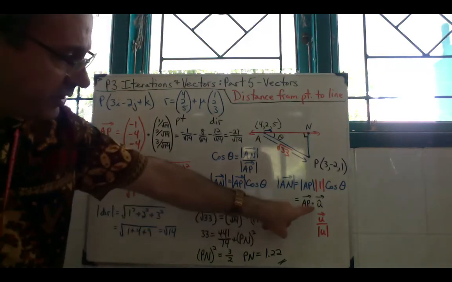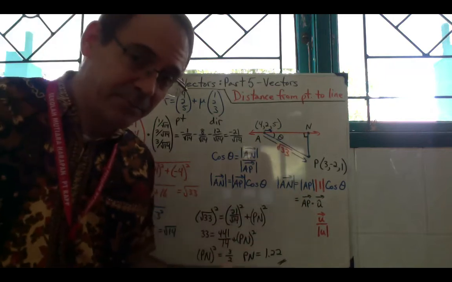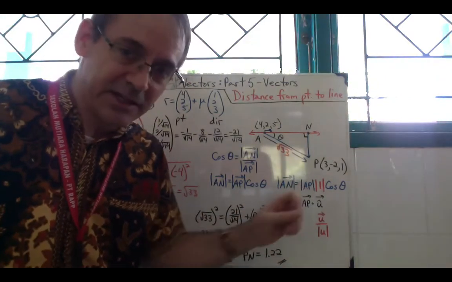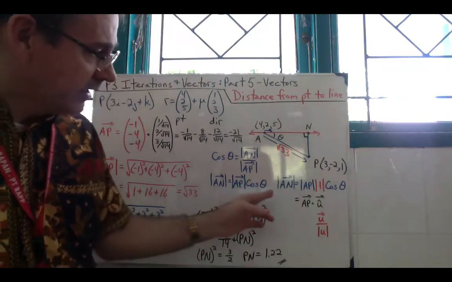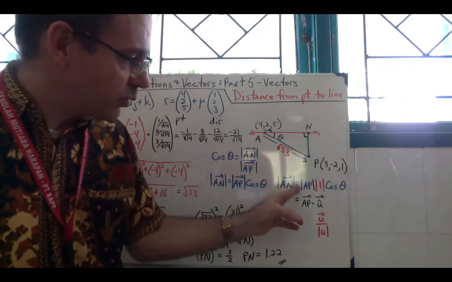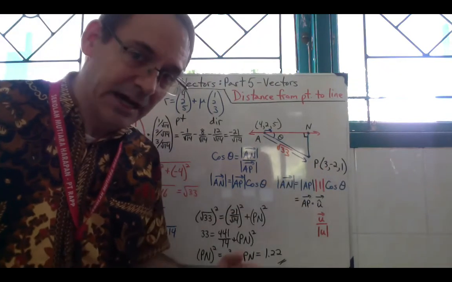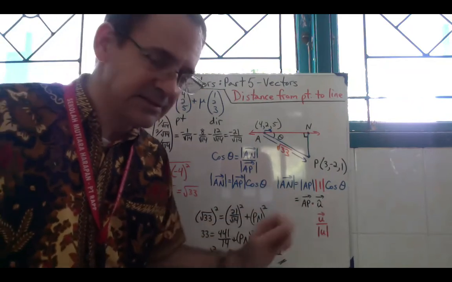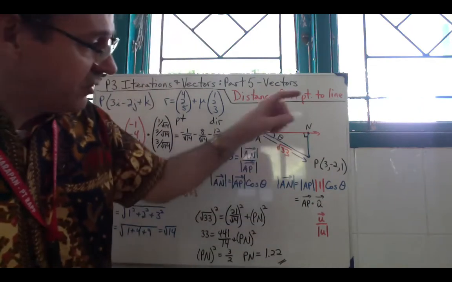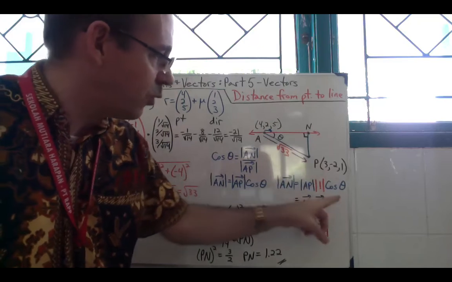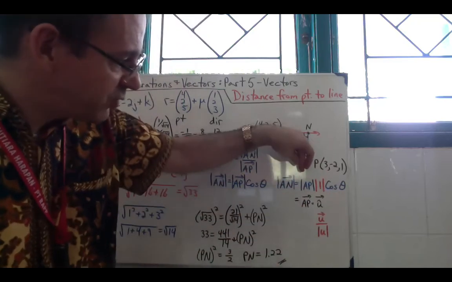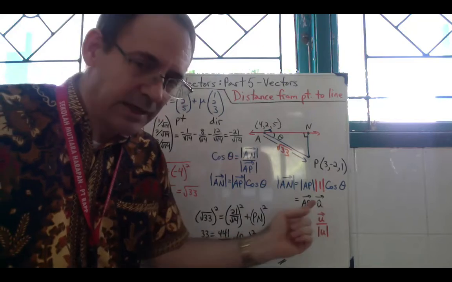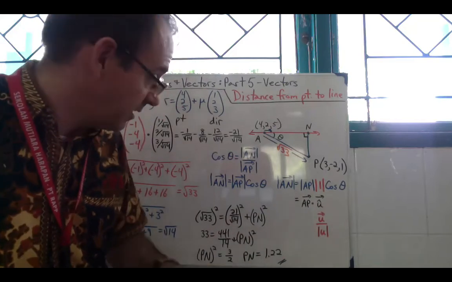Now we want to do the dot product. Why the dot product? Because this is the left-hand side of the dot product formula. If AN equals the right-hand side of the dot product formula, then AN also equals the left-hand side. So we don't actually have to know what the angle is because we're replacing the right-hand side with the left-hand side of the formula.